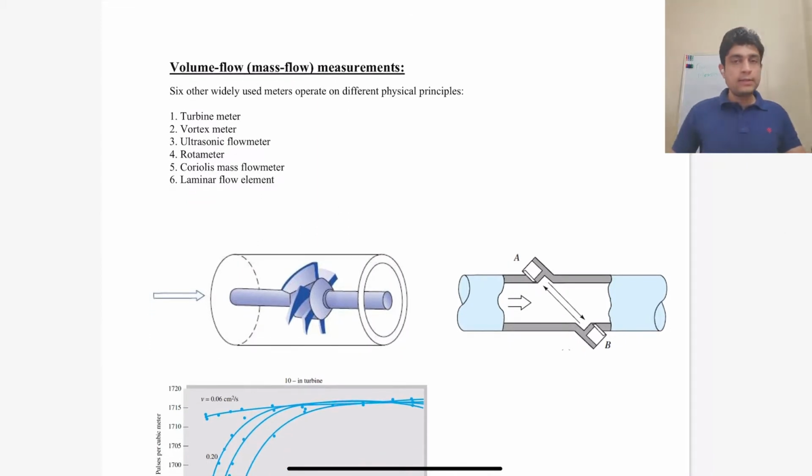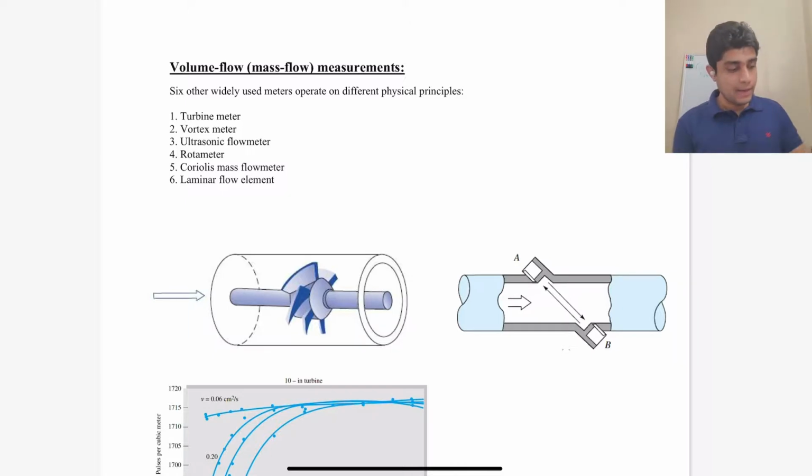Now these obstructive Bernoulli type devices are useful and widely used, but as we have seen, they lead to significant head losses as the fluid flows, which is often undesirable.